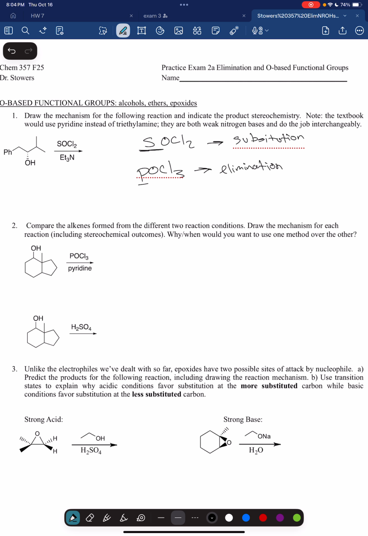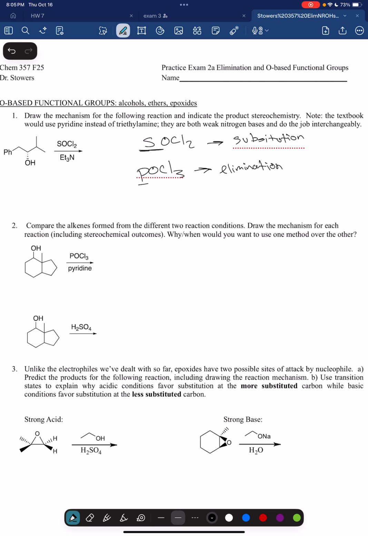And this one is just straight up asking for the mechanism. That's something that you guys can go and find in her notes. Let me see if she's posted those. If she hasn't, I'll run through a little practice mechanism real quick. Which chapter is this? Good news. She has the notes for that.